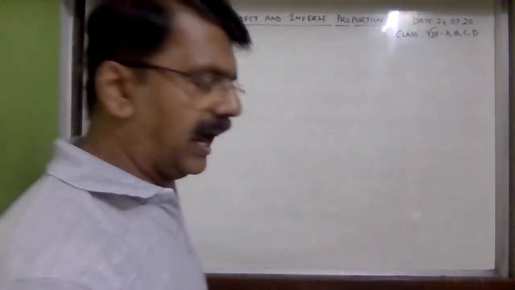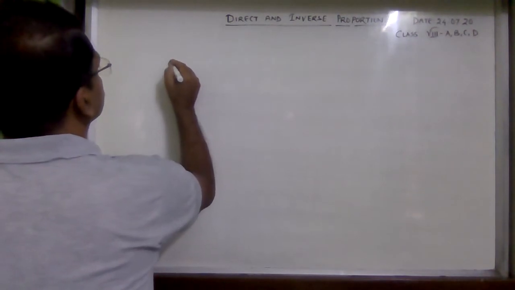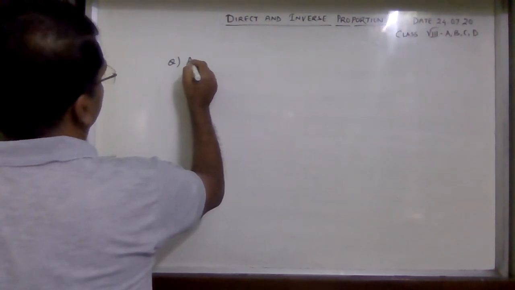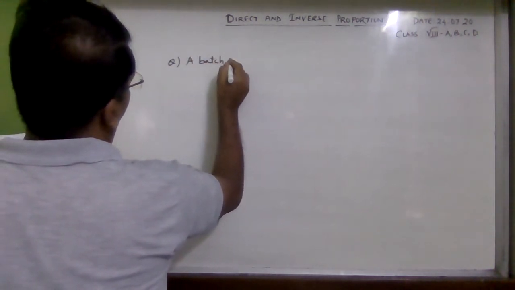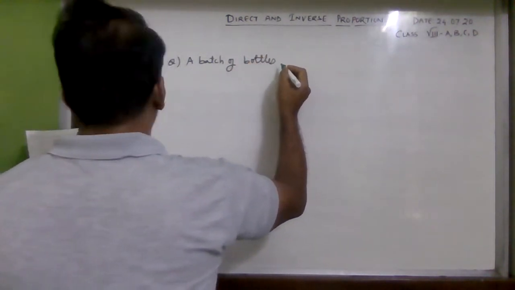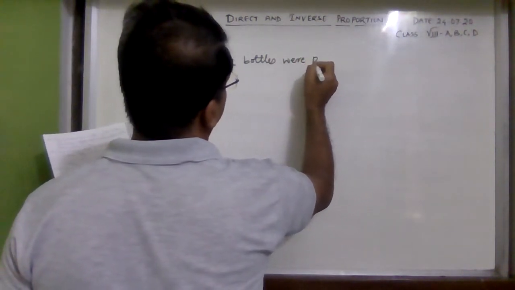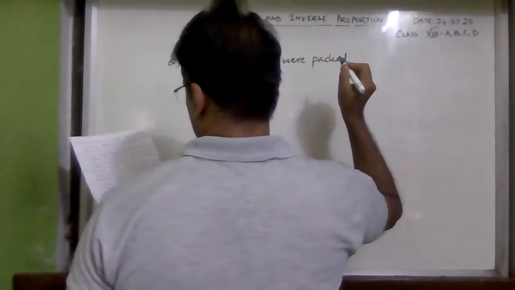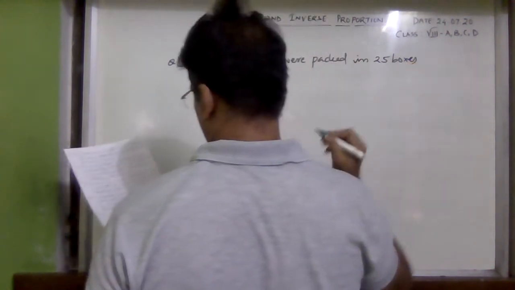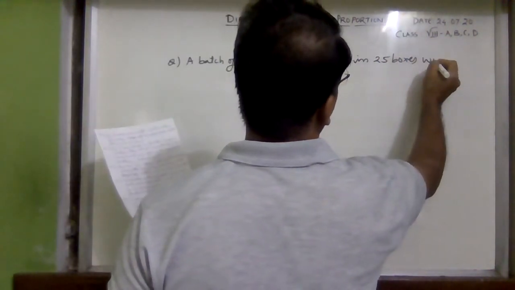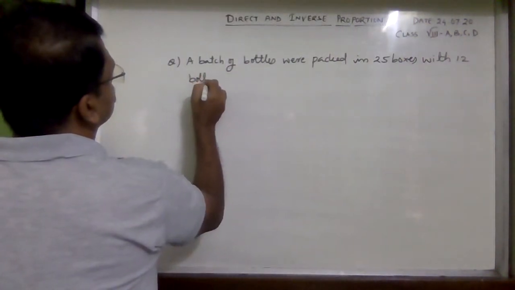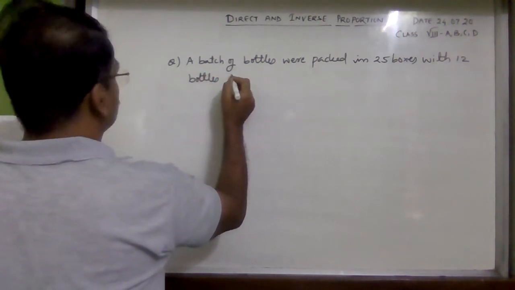Today's first question, and the question is, a batch of bottles were packed in 25 boxes with 12 bottles in each box.